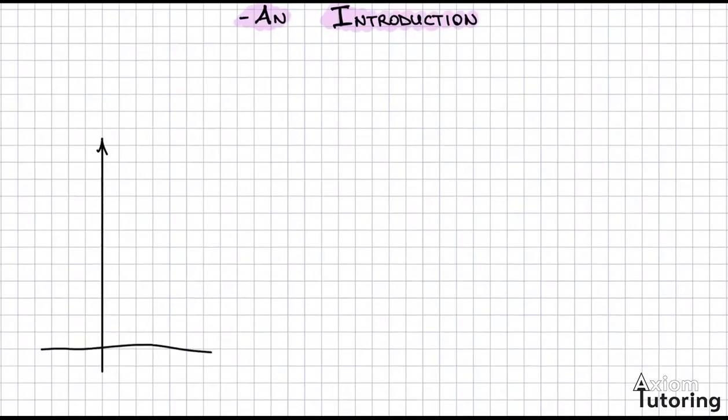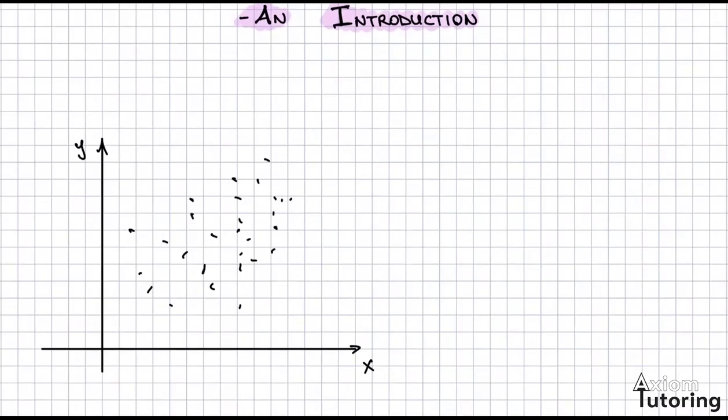So let's assume this is our data. We've got X, we've got Y. Maybe I could do them slightly more clustered together so that I can exaggerate when we have the measurement error.